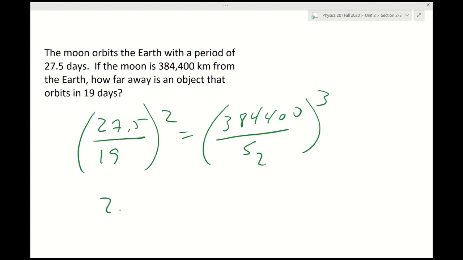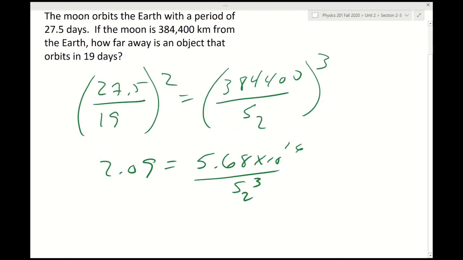So we have 2.09 is equal to 5.68 times 10 to the 16th over S2 cubed.